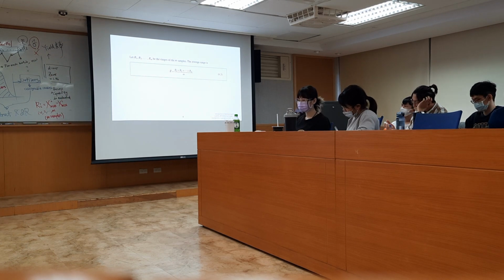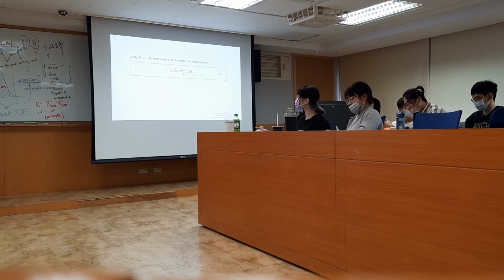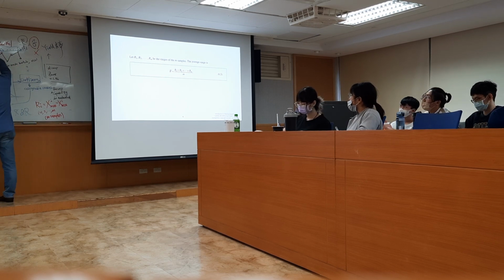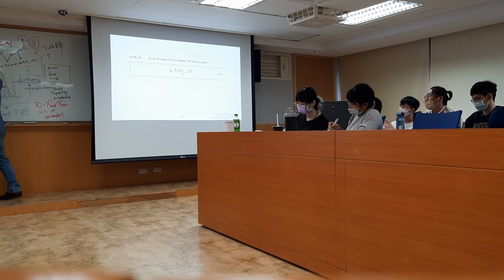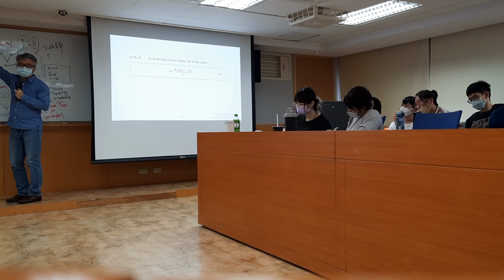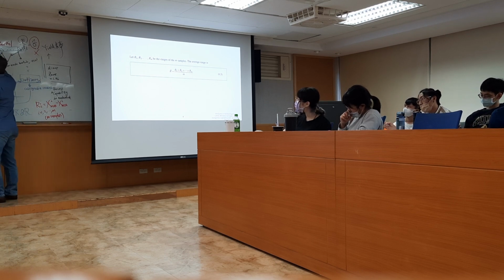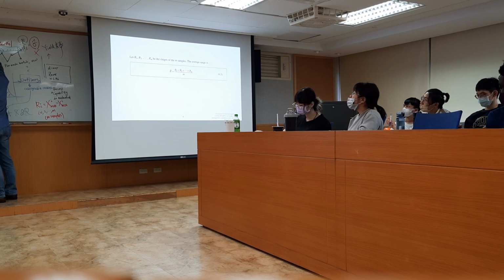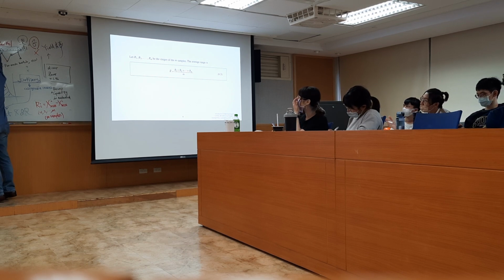Let R1 to Rn be the ranges of the n samples; the average range can be computed. R bar can be computed. R bar divided by D2 is used to estimate the standard deviation.